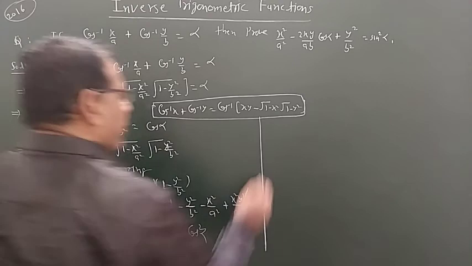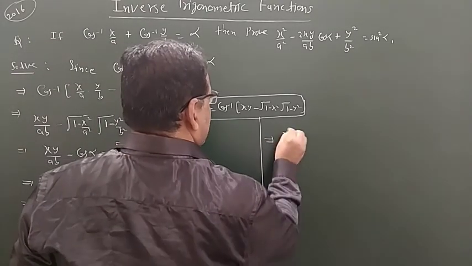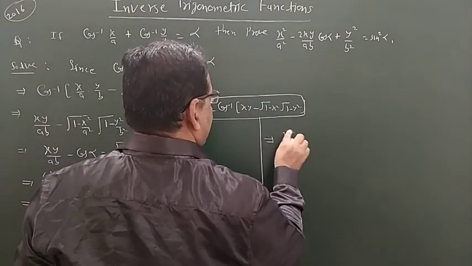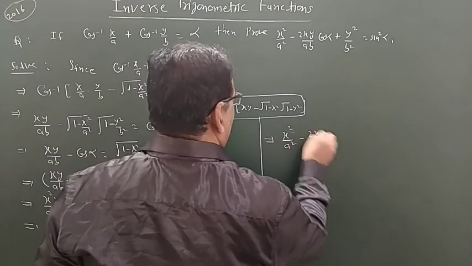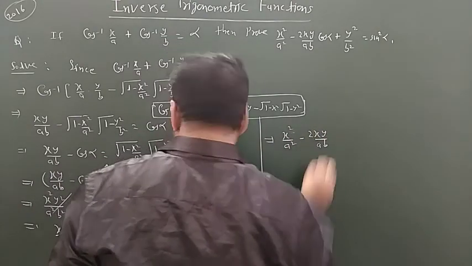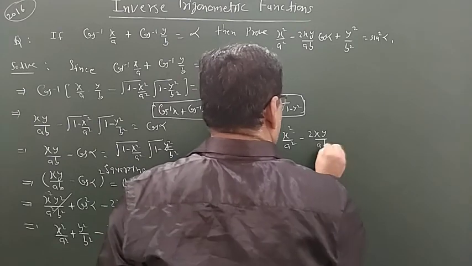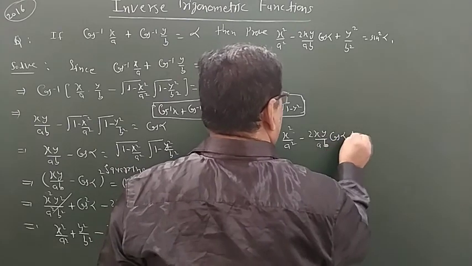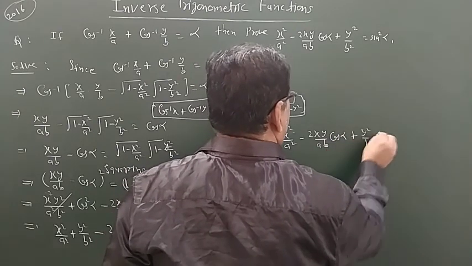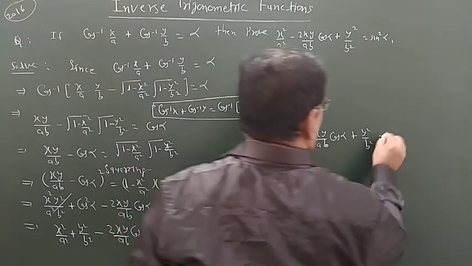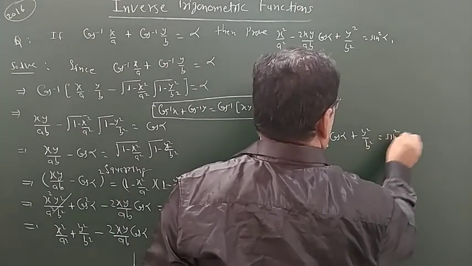So finally we have x square upon a square minus 2xy upon ab cos alpha plus y square upon b square, and 1 minus cos square alpha becomes sin square alpha.